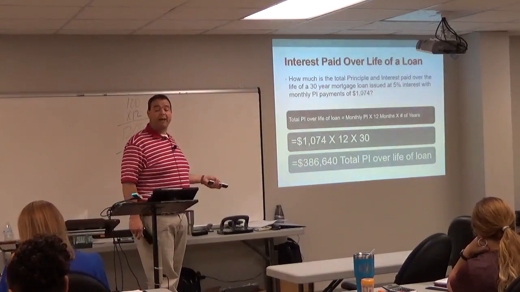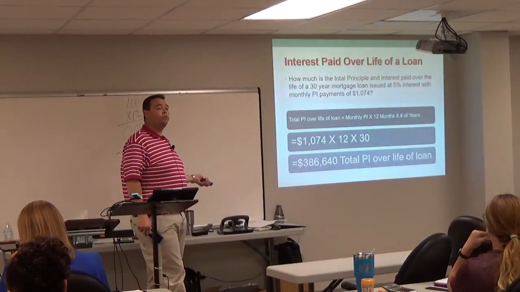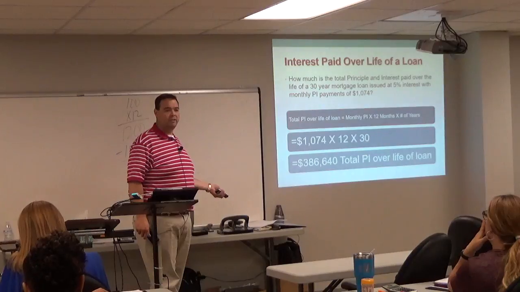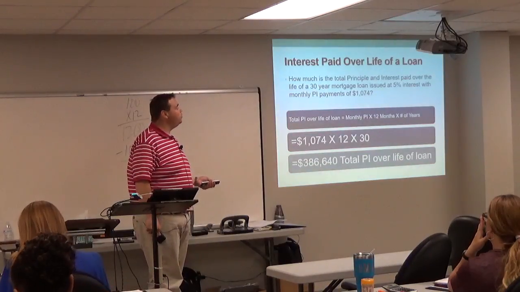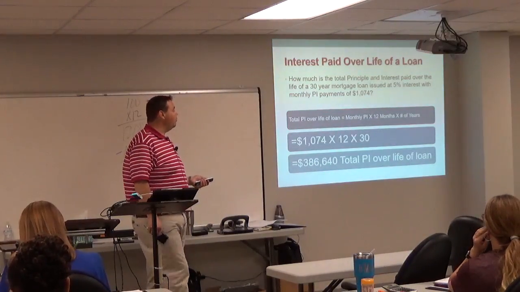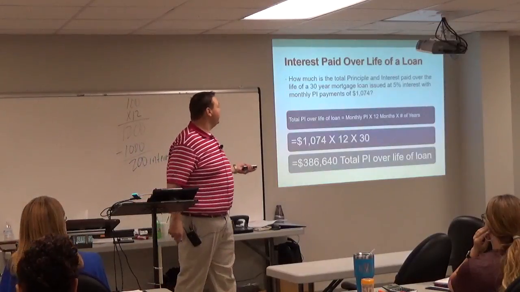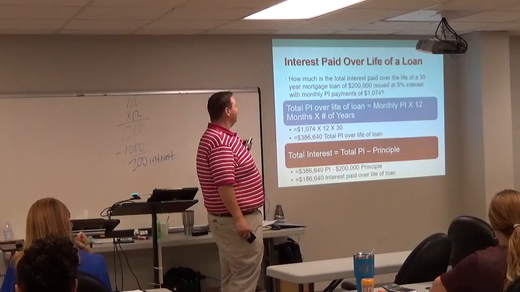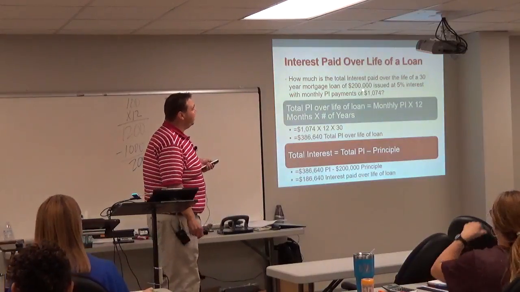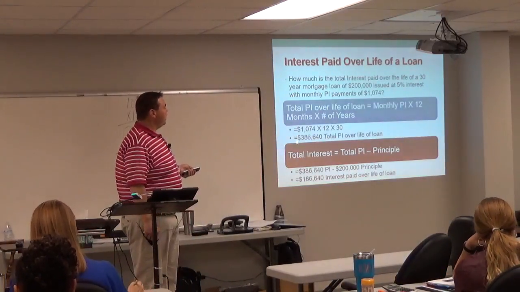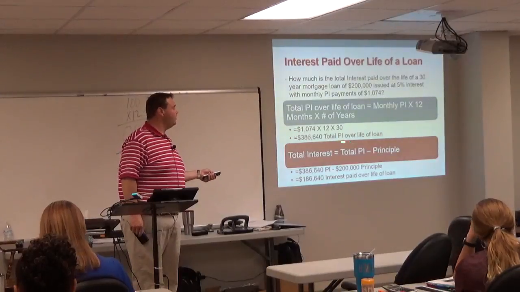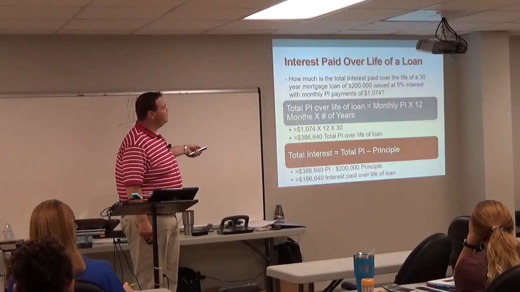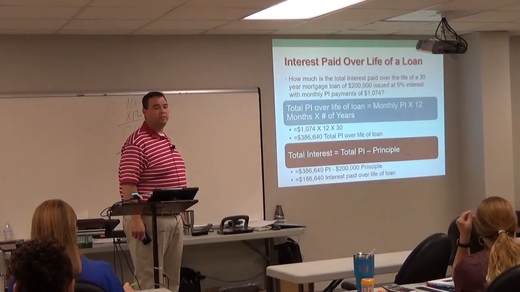Could you follow that up and answer the question of how much of that is interest? Yes, because you know how much of it is principal in most cases. So if that's a $200,000 loan and you calculate that the total paid over the life of the loan is $386,640, how would you calculate the interest piece of it?